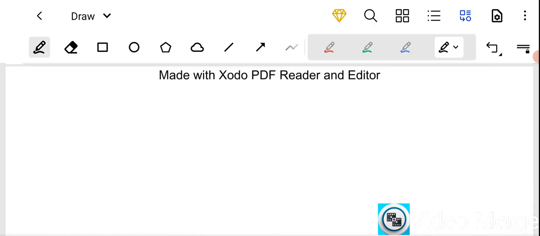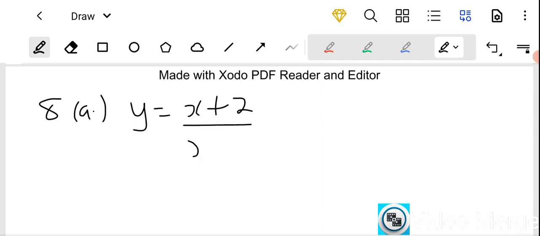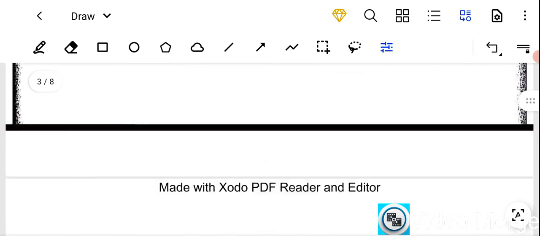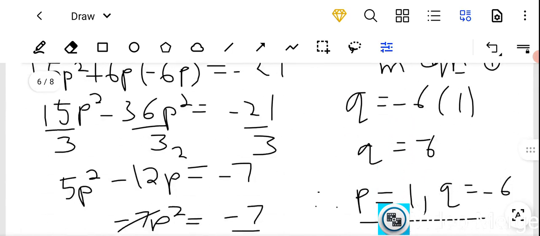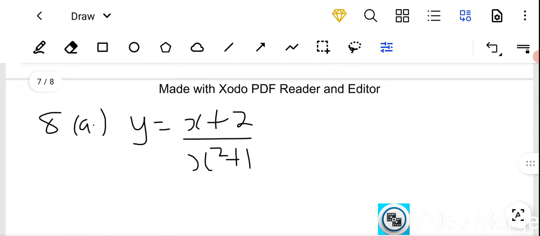So we are saying that this is question 8a. y is equal to x plus 2 divided by x squared plus 1. Let's confirm. As you can see there, x plus 2 divided by x squared plus 1.